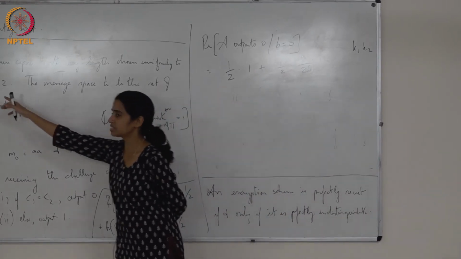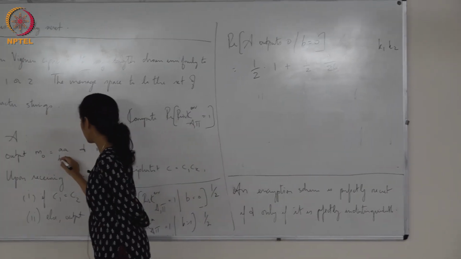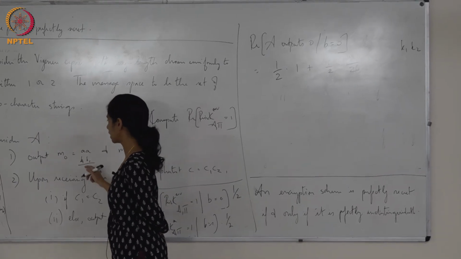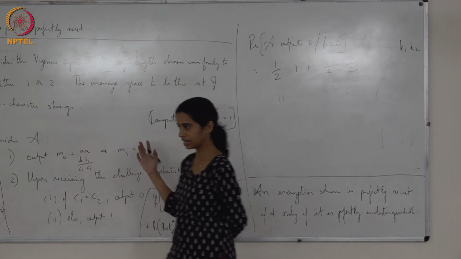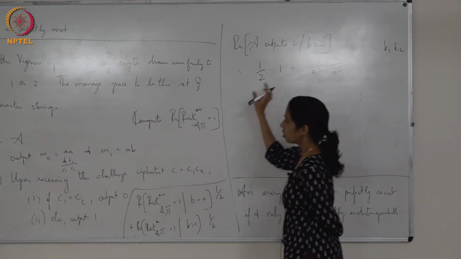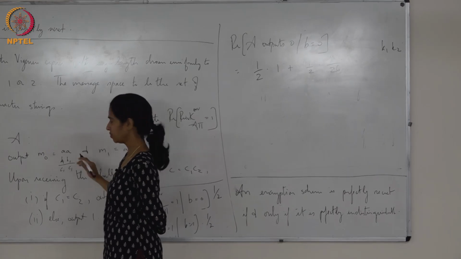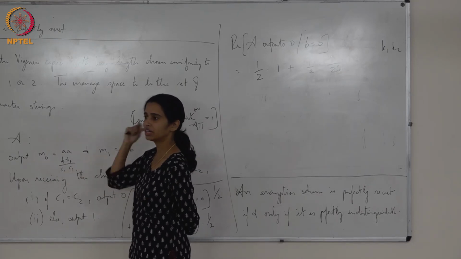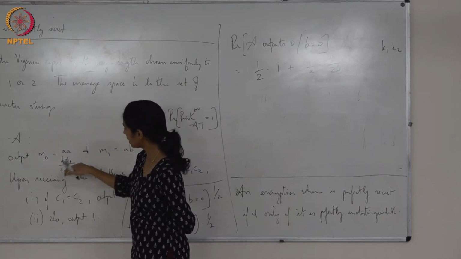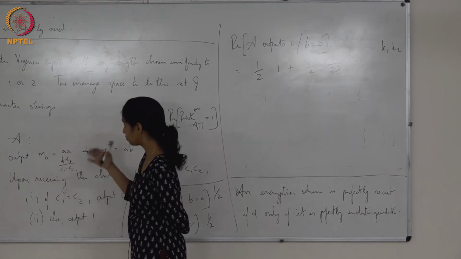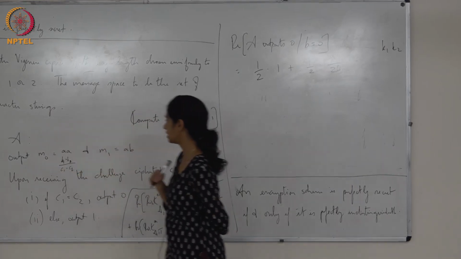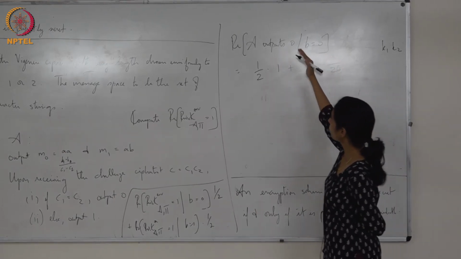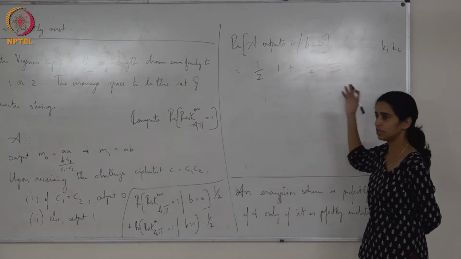Either the key length itself is 1, so both were encrypted by the same key K1, K1, resulting in some ciphertext C1, C1. Or the key length was 2 such that K1 equals K2, and again they result in a ciphertext pair C1, C2 such that they are equal. And this is the probability of that. So this is how we are computing the probability A outputs 0 conditioned on B equal to 0.